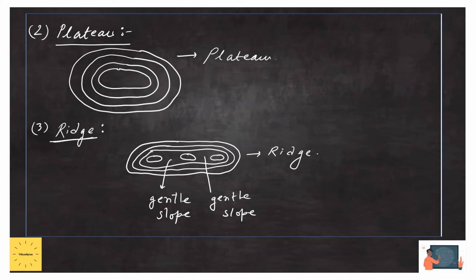In that case, they form col, gap, saddle, pass. So what are these? So col and gap are near about the same. So this is forming a ridge, right?